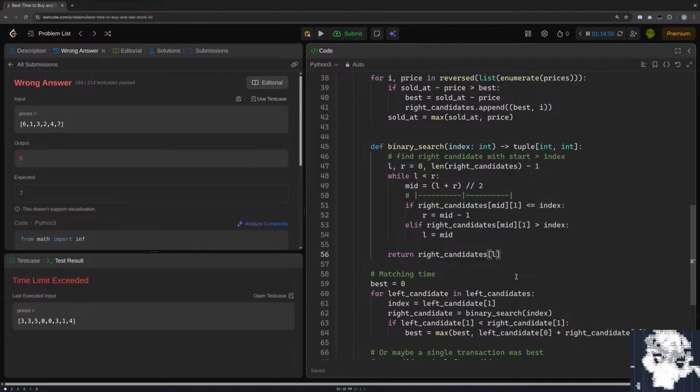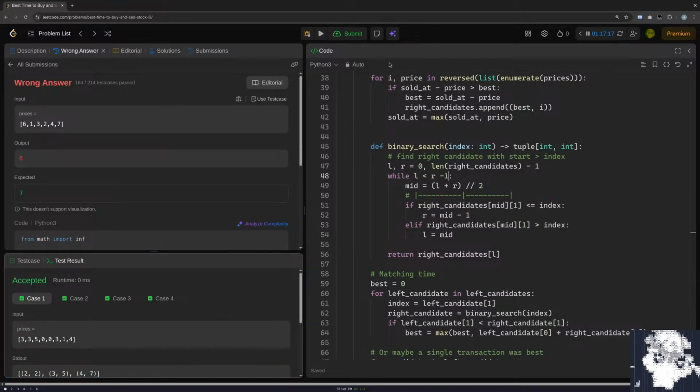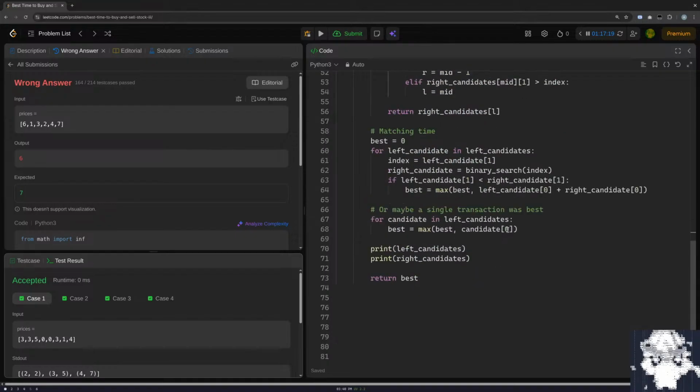Somehow I end up with an L and an R that never converge. Can I just say -1? Seems like it.